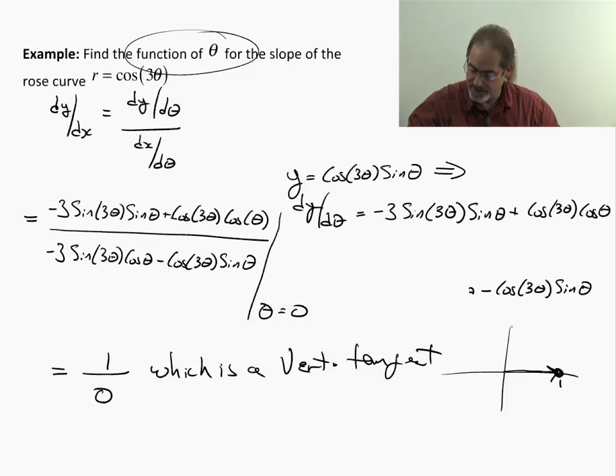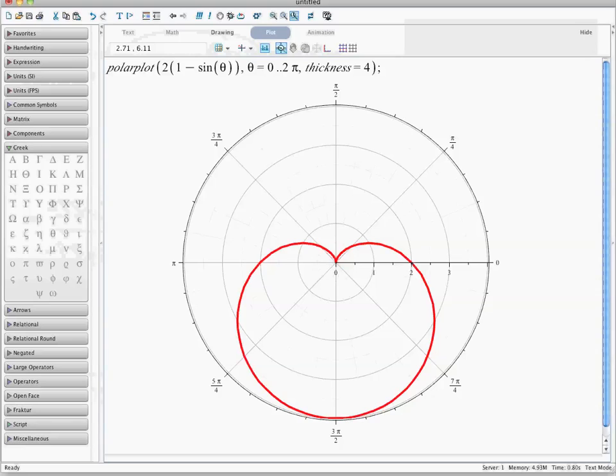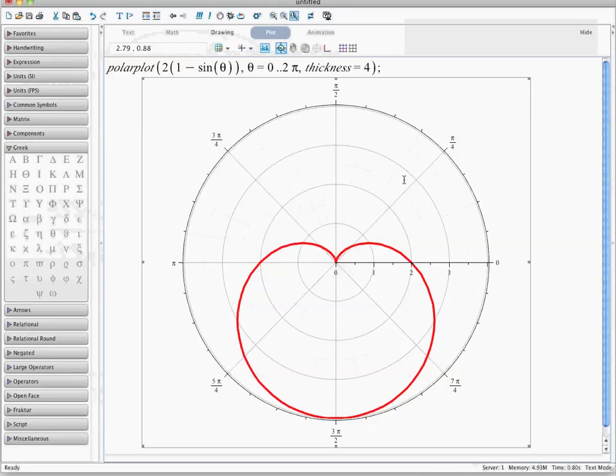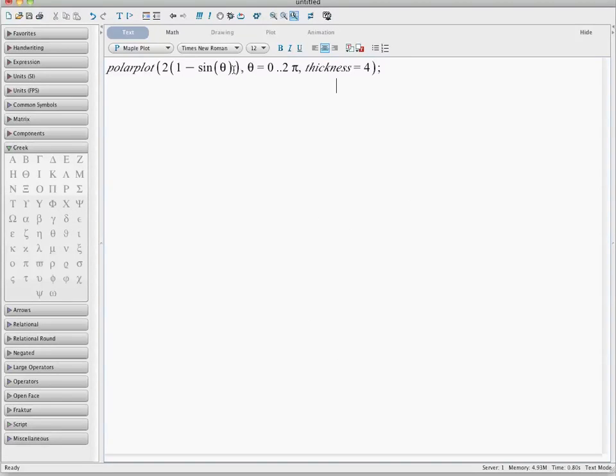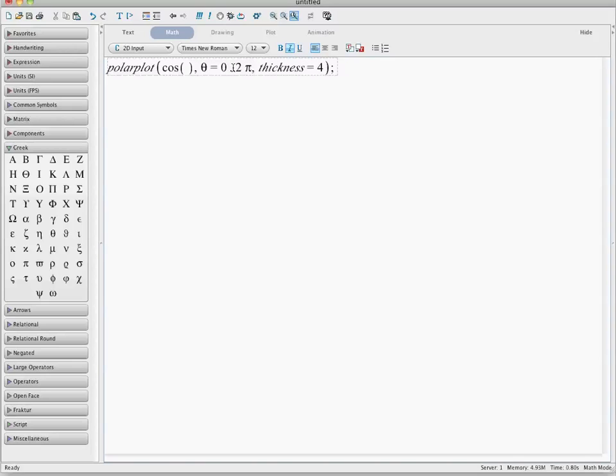So let's jump back to Maple and see if that's plausible or not. Let's go ahead and delete this previous one. And this is cosine of 3 theta. I know I'm not going to need all that.